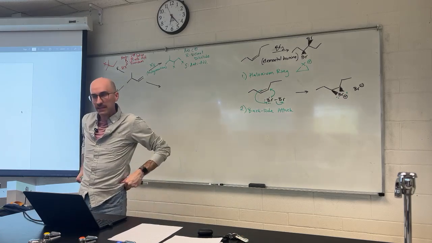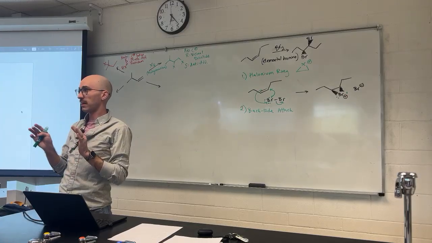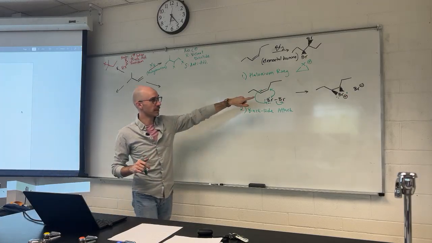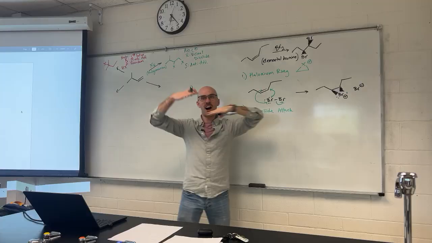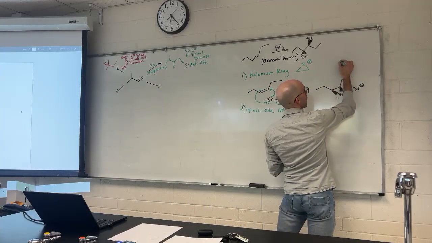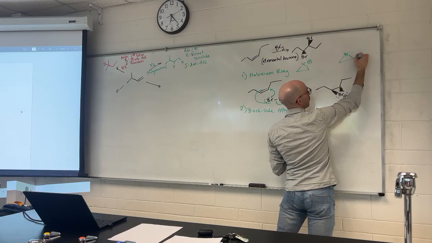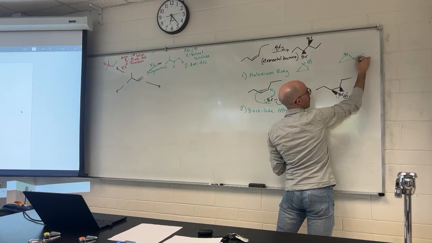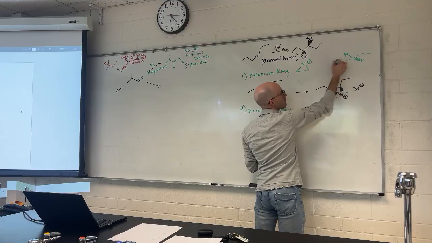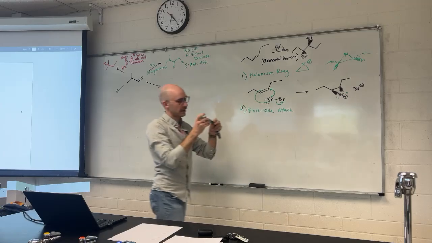We call this a backside attack because it is stereo-specific. This bromine is sitting on top of what used to be a flat alkene. If I could show this on its side, it looks like this.